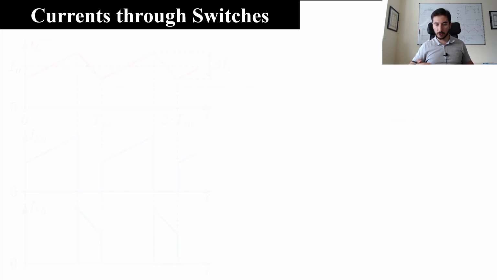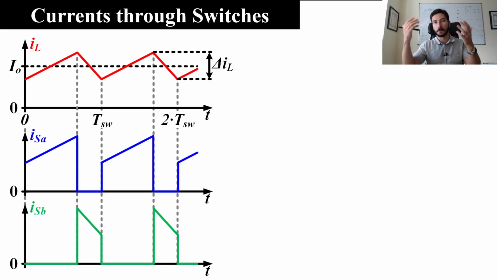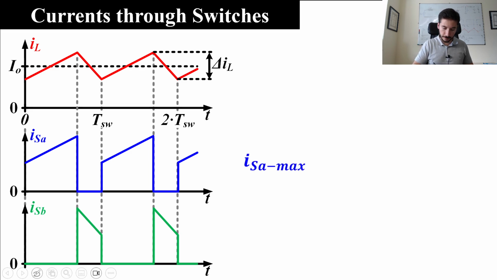As in the case of the voltage waveform, the first one is the maximum value. So if we want to evaluate the maximum current through switch A, it is very easy to see that it is this point, and basically it is the maximum current we have in the inductor.